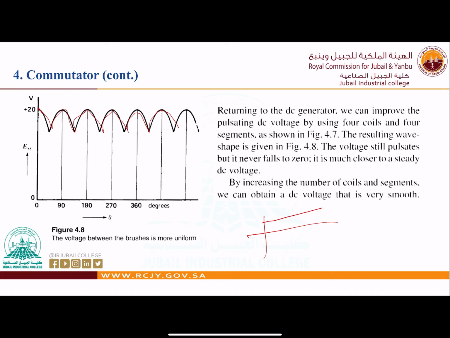Before it was like this, and then we removed this one, it will be here, right? And then we increase the number of the coils, so we will take this one only, the upper one, until it reaches this shape. This is very smooth DC voltage.